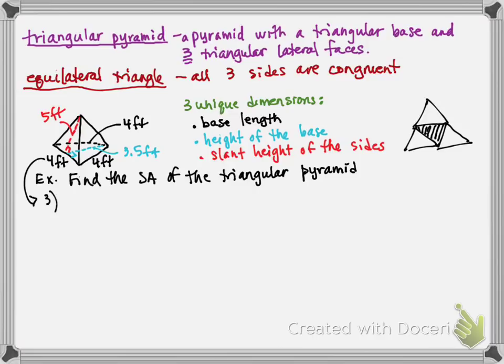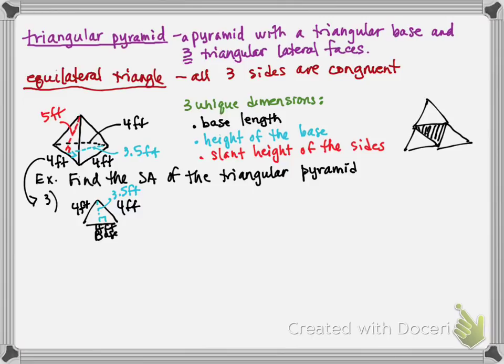And this is actually technically example 3. So we're going to start with our base. And we know it's 4 feet, 4 feet, 4 feet. And then we know that it has a height of 3.5 feet. Okay.